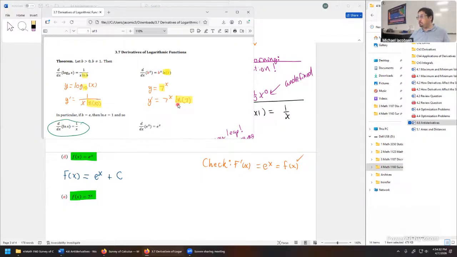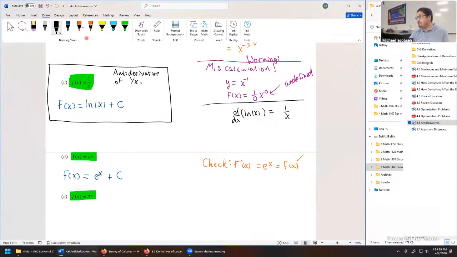So let's put down on paper this formula to help us out getting the antiderivative. Let's write: derivative with respect to x of b to the x is b to the x times the natural log of b. With that equation down here, we can get a pretty fast antiderivative.